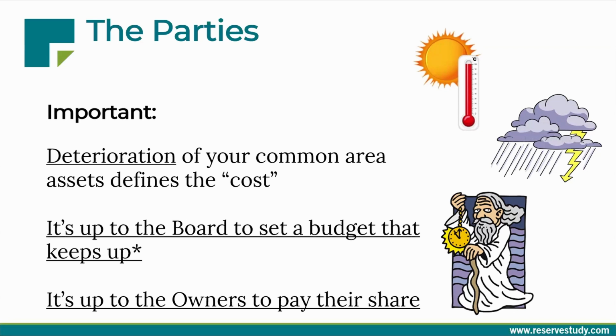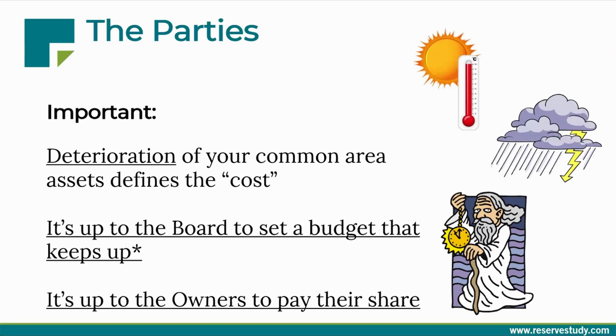Then, according to the governing documents, the members are responsible to pay their share. That share may be an equal share based on the number of units, or a proportional share based on larger or smaller units. I've seen high rises where the penthouse homeowners pay a significantly larger amount because they're the premium owners who drive the property values. But that's all defined by the governing documents.